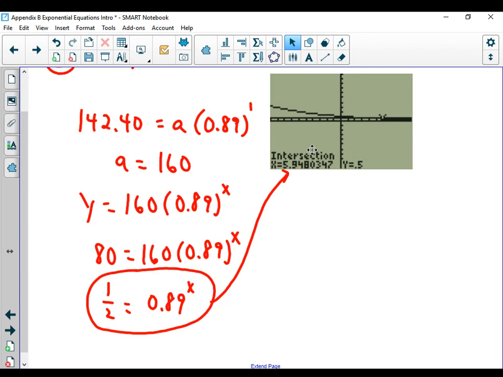Now, remember, that's when it equaled a half. We want to know when it went below a half. So we'll probably just go ahead and say, well, it's going to be at week 6, which is probably what you got when you did your guess and checking before you looked in the table. So we'll use that as a method as we kind of continue through with some more exponential stuff.